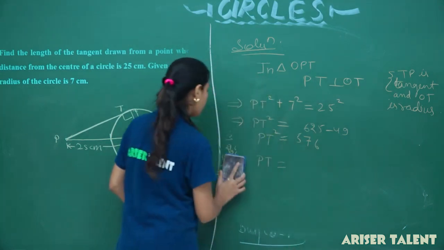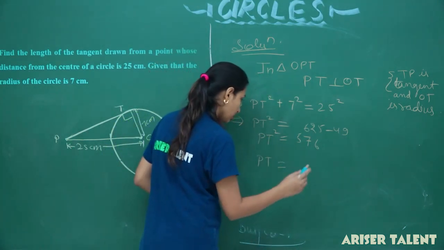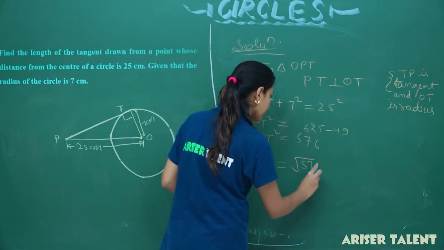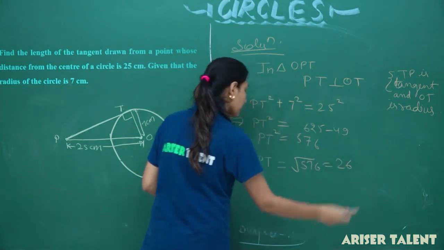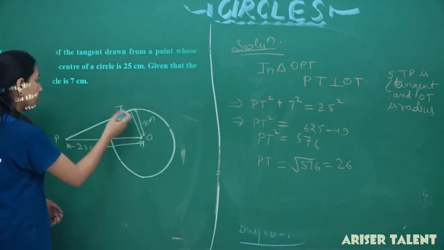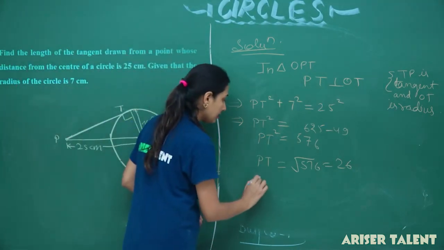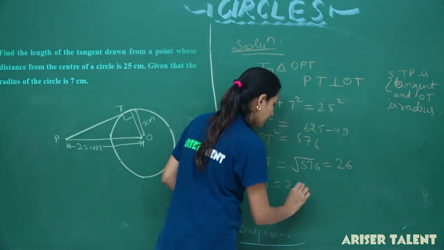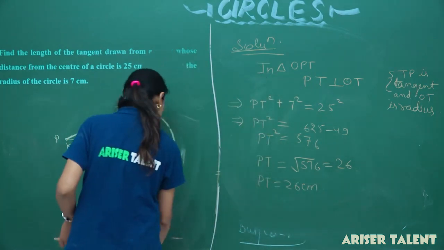So it's a square of 26. Okay, so I can write it like this. So PT is equal to what? 26 centimeters. So this is your answer.